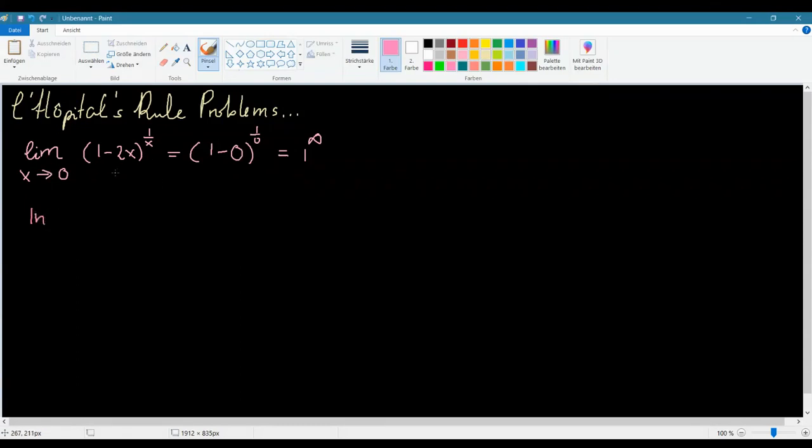We're going to let (1 minus 2x) to the 1 over x equal y. Okay, so now we're going to take ln y, and we're going to take ln of (1 minus 2x) to the 1 over x, and just to be clear, we're not taking the ln to the 1 over x. I'm going to put an extra bracket there, okay?